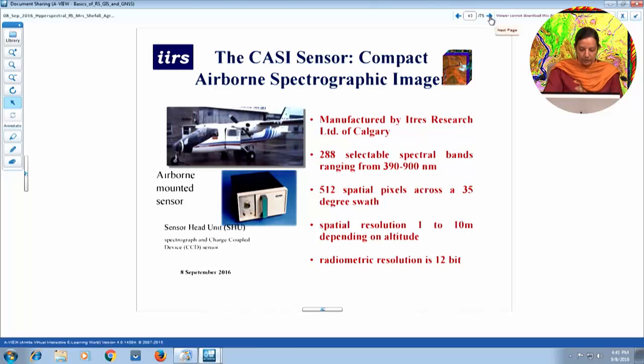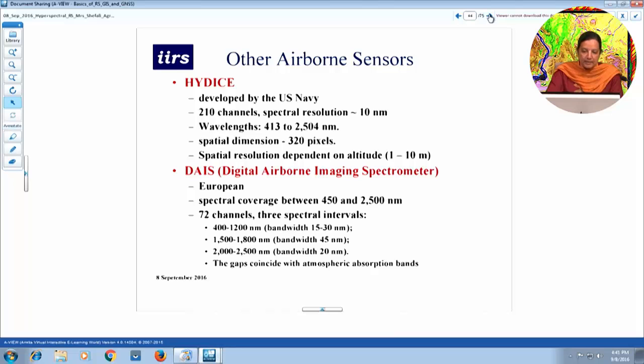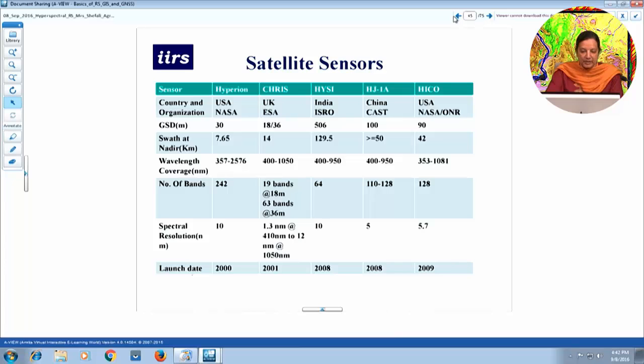Then from Calgary, this compact airborne spectrographic imager, you have 288 bands in the spectral region from 390 to 900 nanometers, so it's only up to the near infrared region, again with a variable spatial resolution. These are a few more airborne sensors, HYDICE developed by the US Navy, and DAIS, digital airborne imaging spectrometer, which is a European airborne sensor, having variable bandwidths at variable spectral resolution.